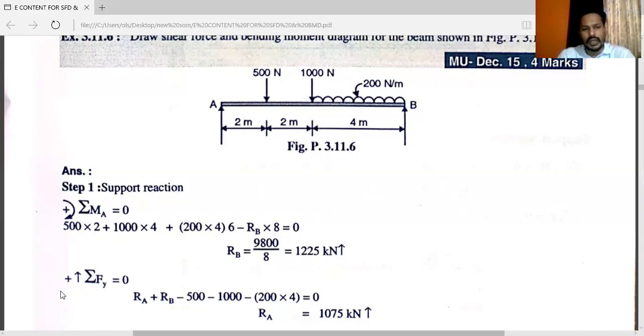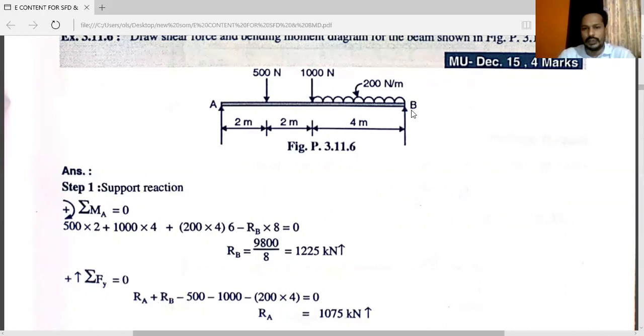You have to use another condition of equilibrium, that is summation of Fy is equal to 0. While taking Fy equal to 0, upward positive, downward negative. In the case of summation of Fy, you have to consider only forces. So RA is moving upward, so positive RA plus RB.